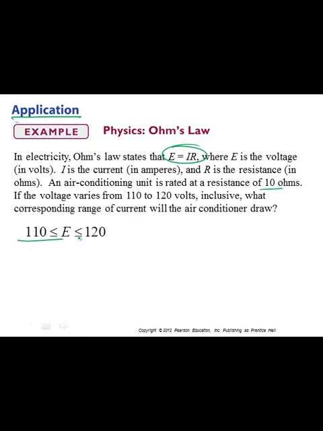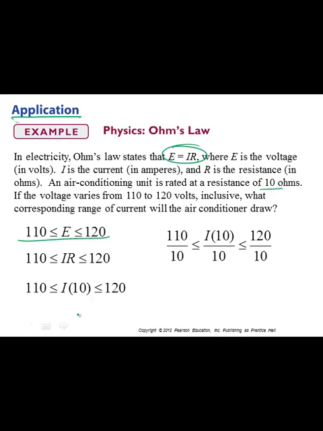So we could start off with this inequality that says the voltage is between 110 and 120 volts. Replace E by IR and then replace R by 10 and then divide through by 10 so that you've got I between 11 and 12.